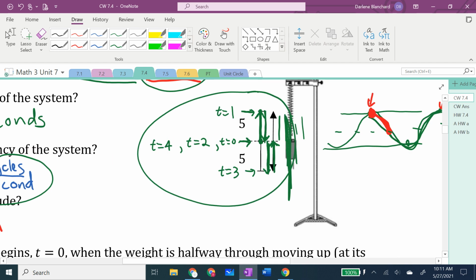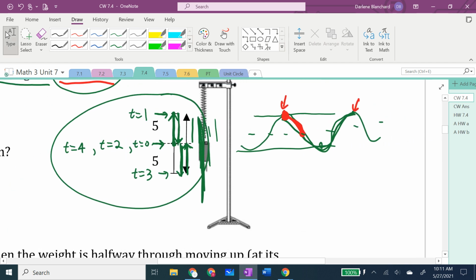So what we do is we're going to draw a graph that is a sinusoidal graph. And this will match it perfectly if I am using a sine or a cosine function. But I can choose which function I want to use.